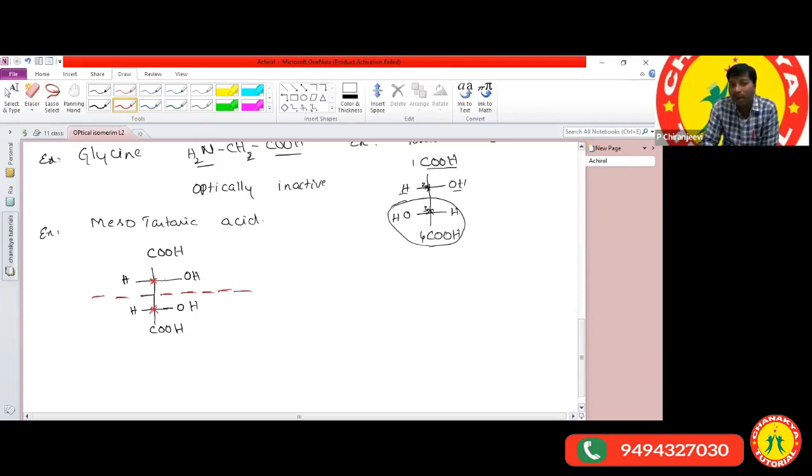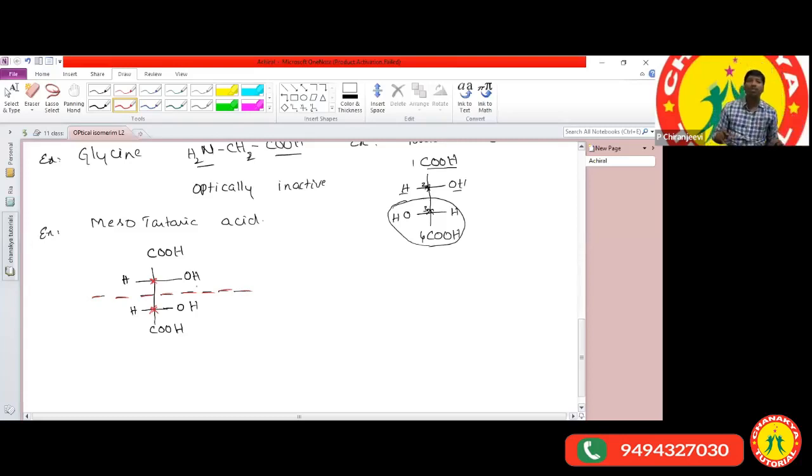But half of the part rotates in the clockwise direction, half of the part rotates in the anti-clockwise direction. At that time the net optical activity becomes zero. So now you got the clarity, all of you. This is an exception case.